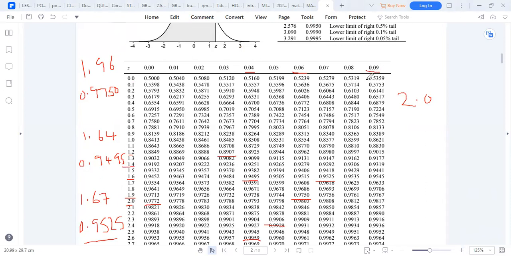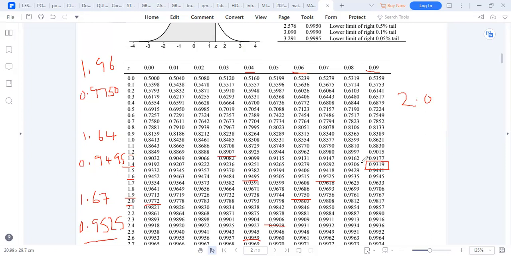Where are they meeting? 0.9319. Yes. All right.